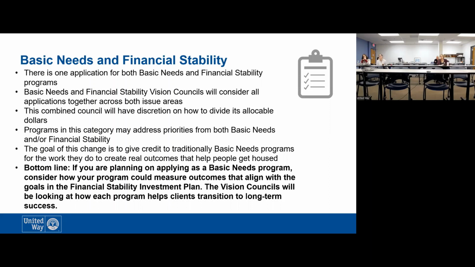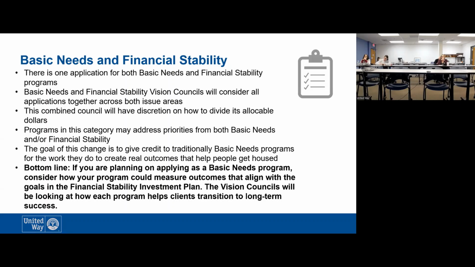So there's this weird tension. Going forward, if you're a basic needs program, just think about how your program might be able to incorporate and measure outcomes that align with that financial stability investment plan.